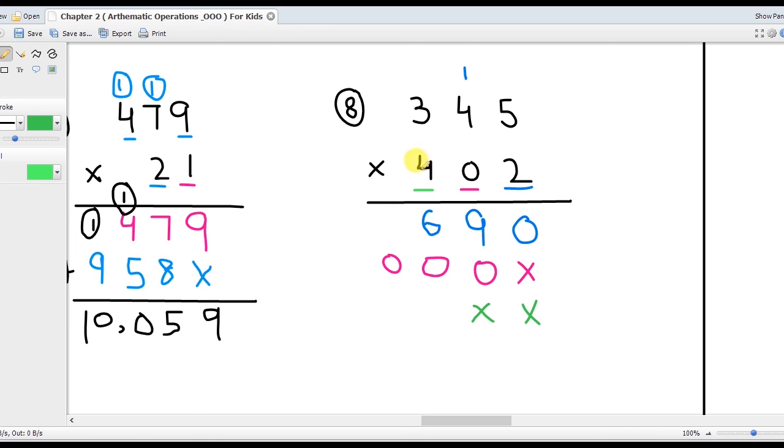So 5 times 4 is 20. 0 here, 2 goes on carry. So 2 goes up here as carry. So 4 times 4 is 16 plus 2. So that is 18. So write 8 here and 1 goes on carry. And 3 times 4 is 12. And 12 plus 1 is 13.